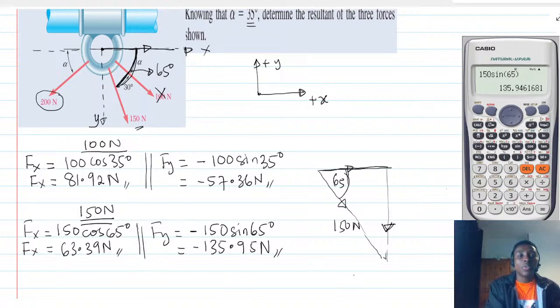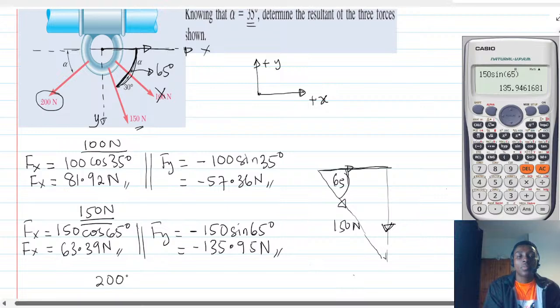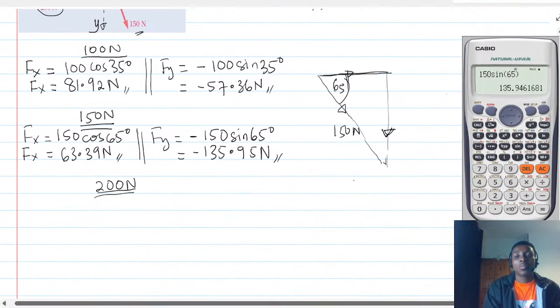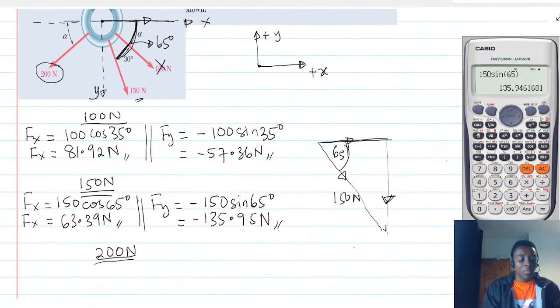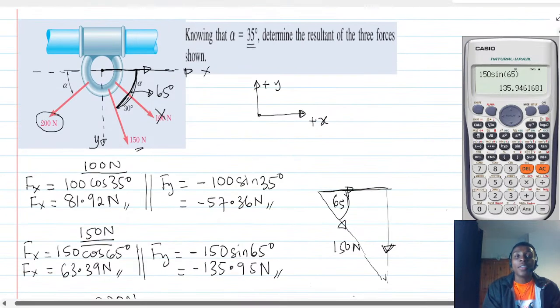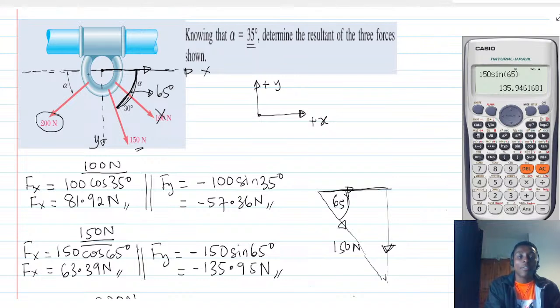Okay, now let's look at the 200 Newton force. So with the 200 Newton force, again, you can see that the angle it makes with the x-axis is alpha, right? So watch this.